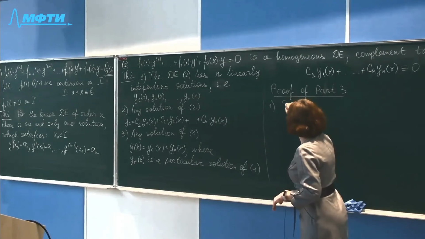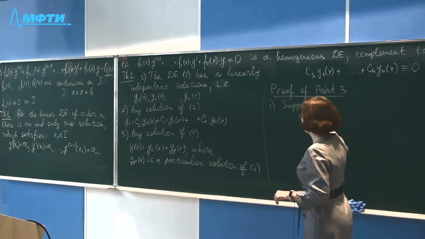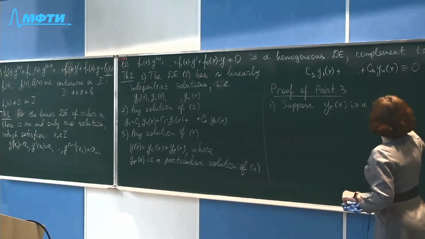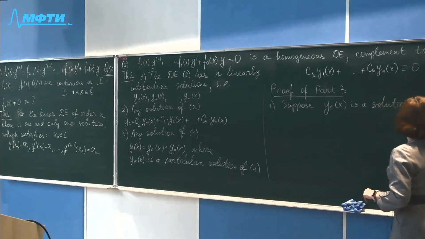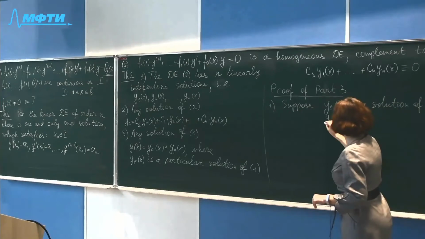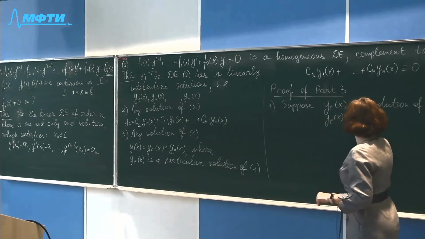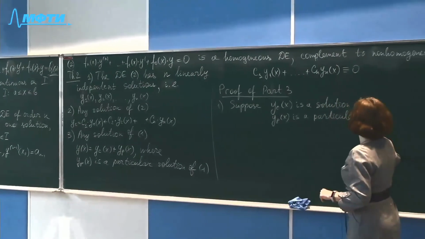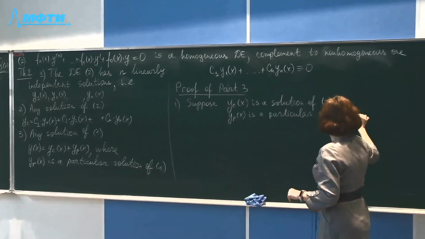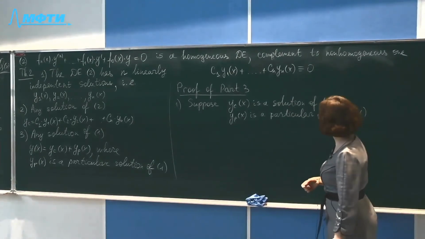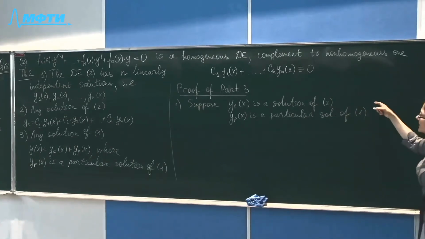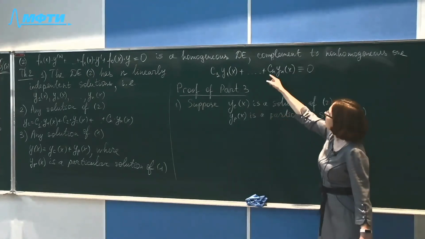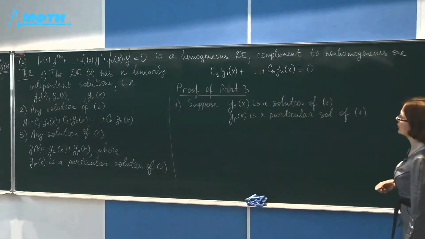So first, let's consider two functions. Suppose yc of x is a solution of 2, and yp of x is a particular solution of 1. Then this means that yc satisfies the homogeneous differential equation.